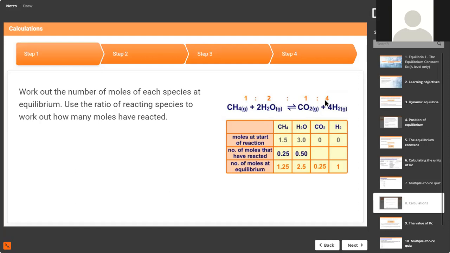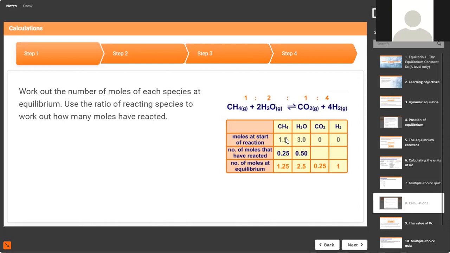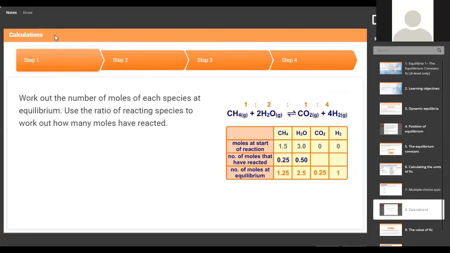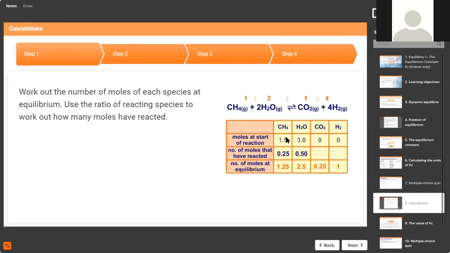We've been told at the beginning how many moles we started off with at the beginning of the reaction. So we started off with 1.5 moles of CH4, and we started off with 3 moles of water.